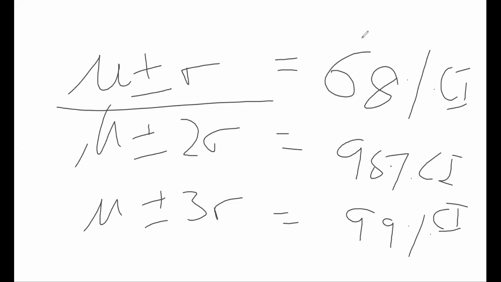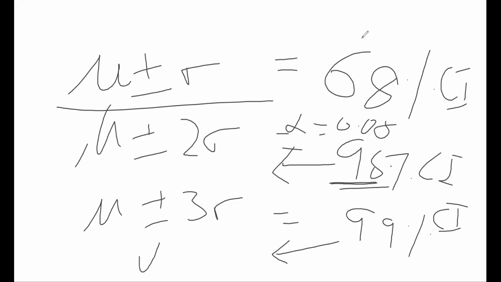That means for a 95% CI, the alpha value would be 0.05, and for a 99% CI, alpha is equal to 0.01. This is the concept of the central limit theorem.